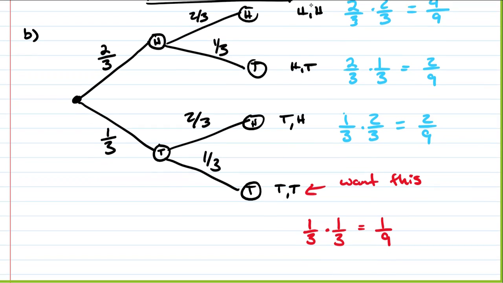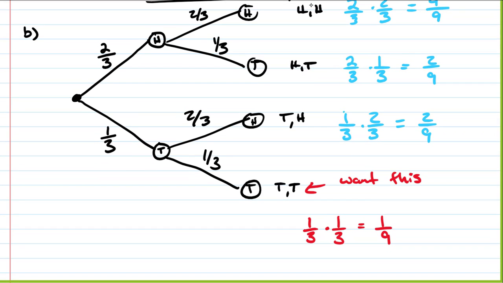And notice if we add those up, 4/9 plus 2/9 plus 2/9 plus 1/9 gives me 1. So if you have a biased coin that's twice as likely to get a head than a tail, if you flip it twice, the probability that you got 2 tails would be 1/9. Right? Because we had to get 2 tails, which brings us down here to 1/9.